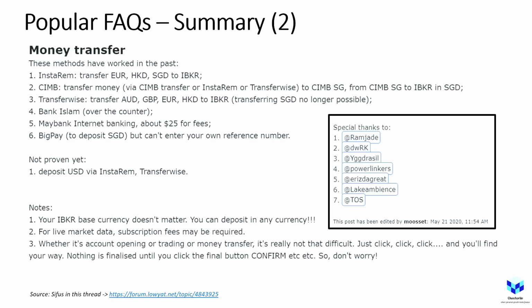If I choose SGD, the same thing will display everything in SGD on that statement. So it doesn't really matter. You can put any currency you want, but put it as USD, right? Because that's one of the most famous currencies out there. It's a benchmark.